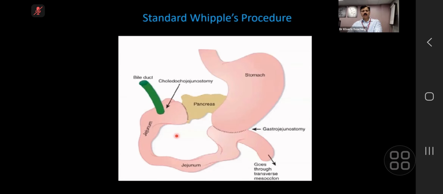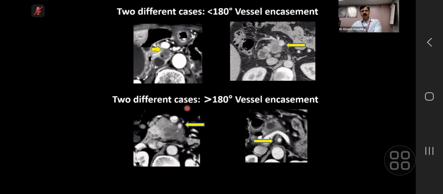Of course, if the tumor is in the body or tail, we can do a different type of surgery, and then we can do gastrojejunostomy also. What does it tell you? Inherently, if the tumor has gone into the duodenum, you can simply remove the duodenum with the tumor. So it will still be a T4 and it will still be operable.